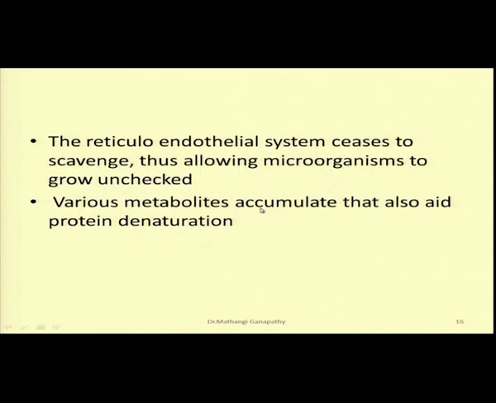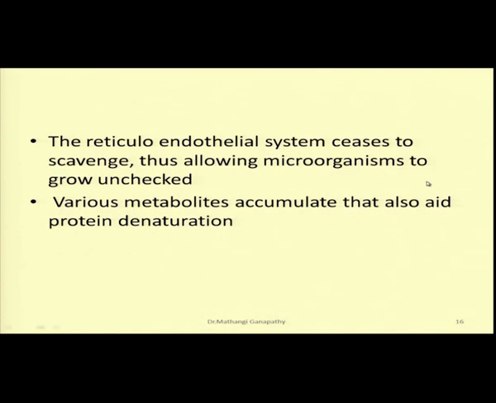The reticuloendothelial system also ceases to scavenge. So you don't have the immune system of the animal active, trying to check the microbial growth. When this immune regulation of microbial growth is stopped, automatically the microbes will start proliferating because there is no control, and meat is still a nutrient-rich source for microbial growth.